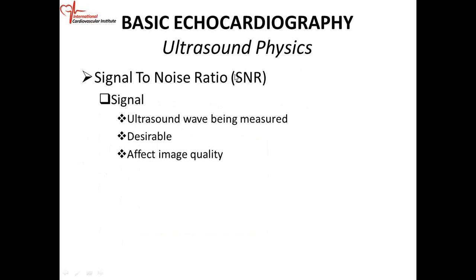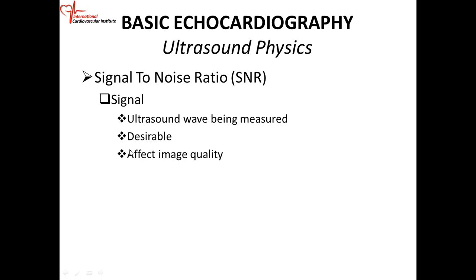Signal to noise ratio, when you look at the machine, SNR, signal to noise ratio, which means the ultrasound wave being measured. That signal is the good ultrasound wave, and then the noise is those waves that you really don't need.